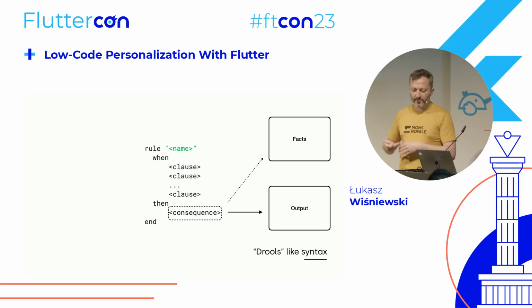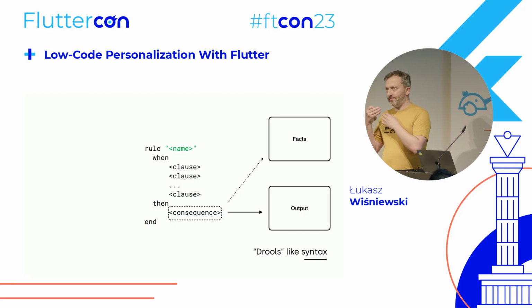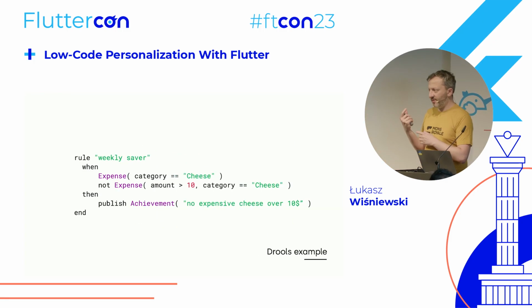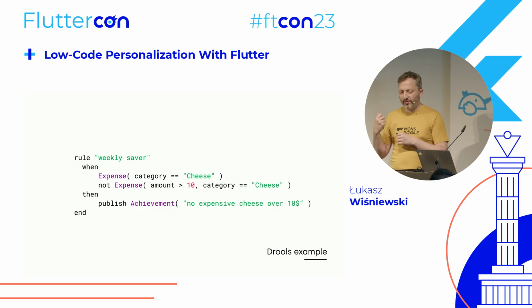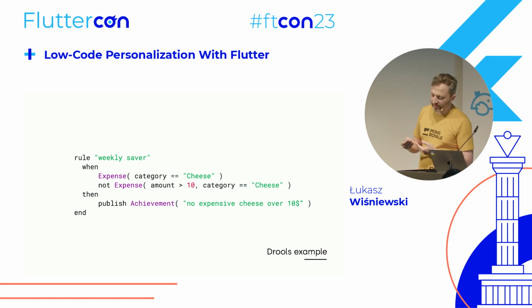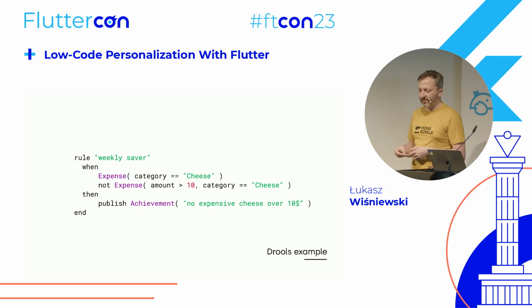So facts and maybe new feedback. This is an example taken from the library's page. So we can save our money on cheese. If you have an expense in category cheese and the cheese wasn't very expensive, you get an achievement.